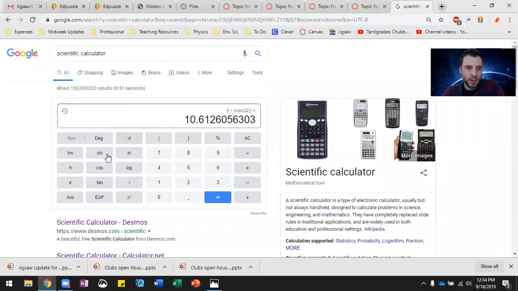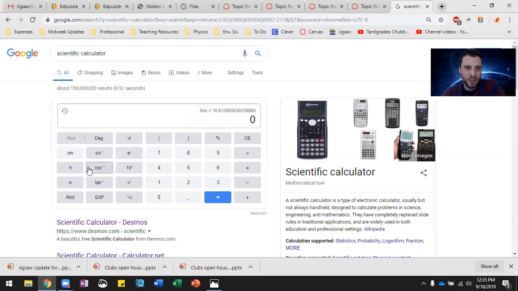And we can take a look at our calculator right now, and we'll hit this inverse button. And the inverse of sine is arc sine. We see it's sine to the negative 1 right here, but in our calculator, it pulls it up as arc sine. And the inverse of cosine is arc cosine.